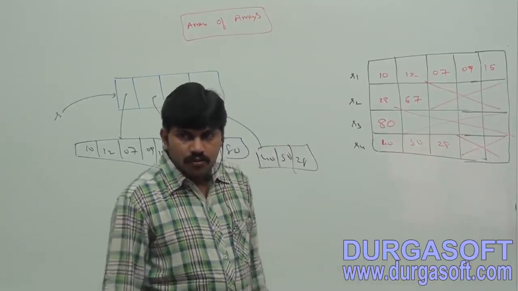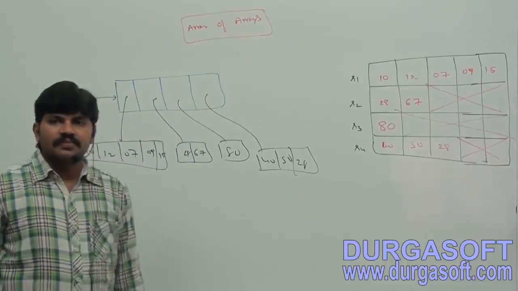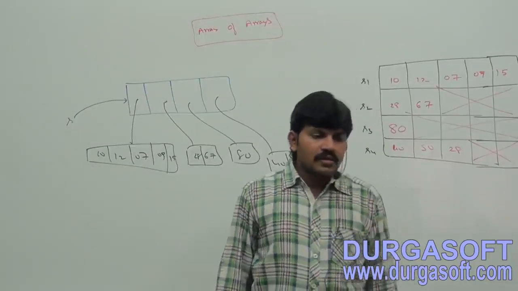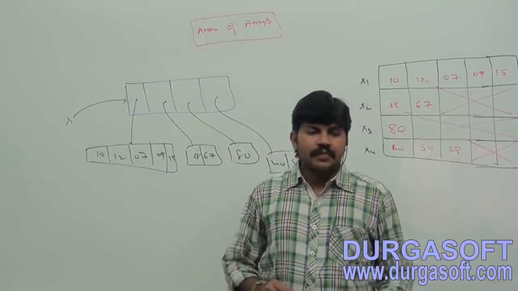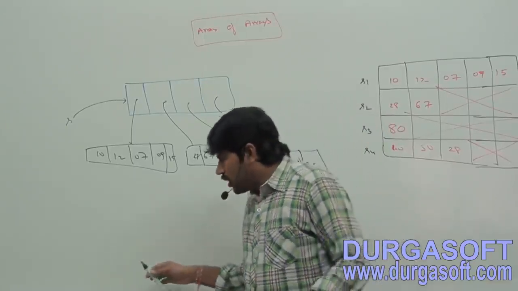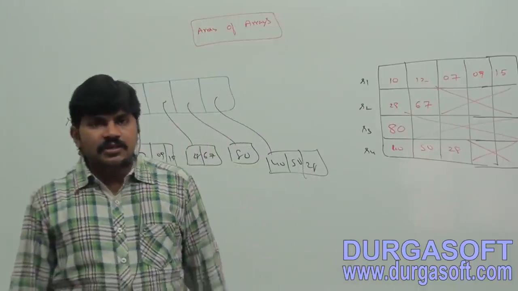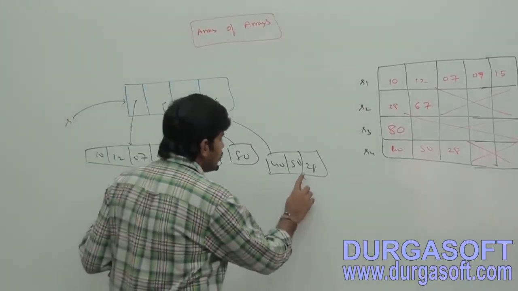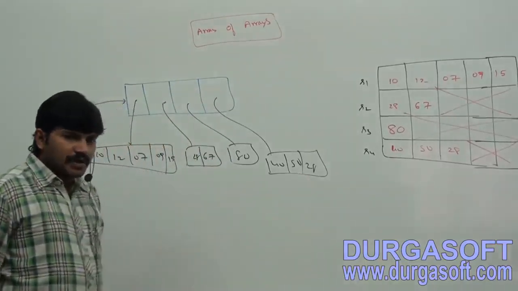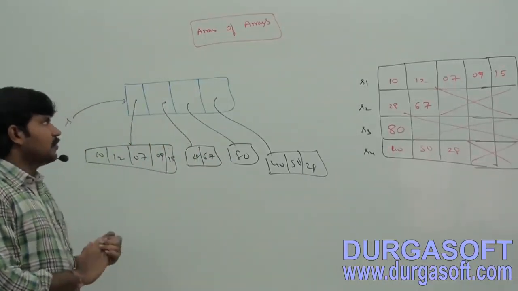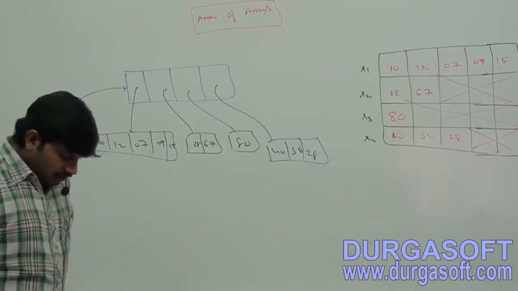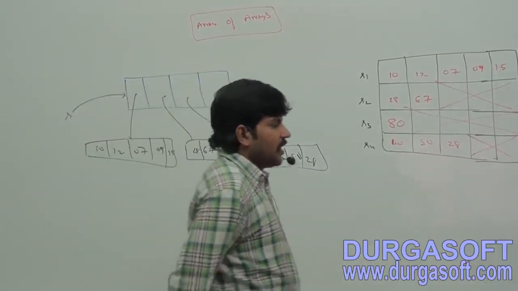Under that, add: in Java, a two-dimensional array is not implemented using matrix representation. Not implemented using matrix style.